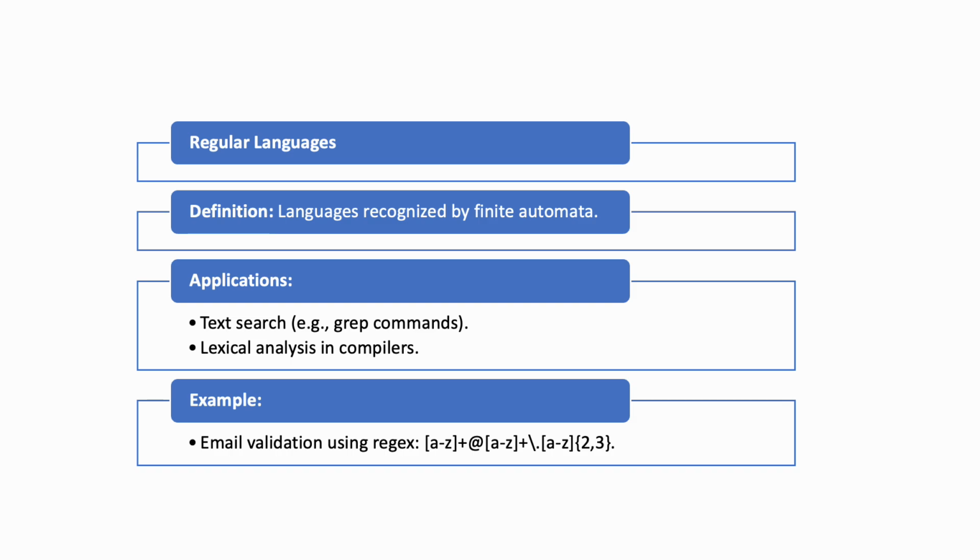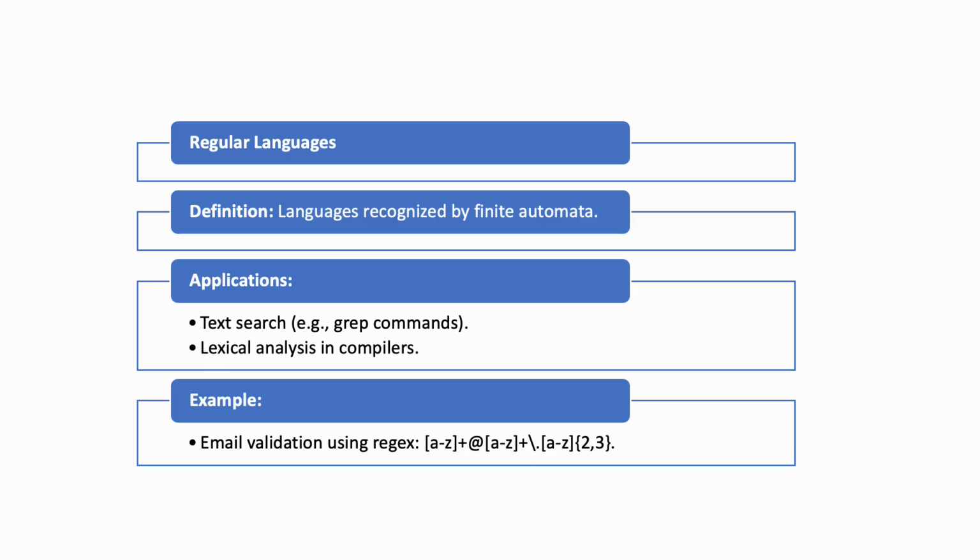For you, as someone working in tech or computer science, regular languages are incredibly practical. They are used in almost every system that processes text, from validating user inputs in web forms to searching for specific patterns in language datasets.